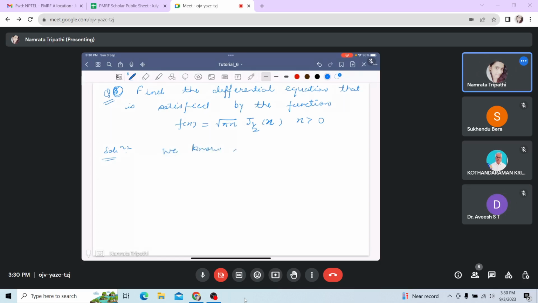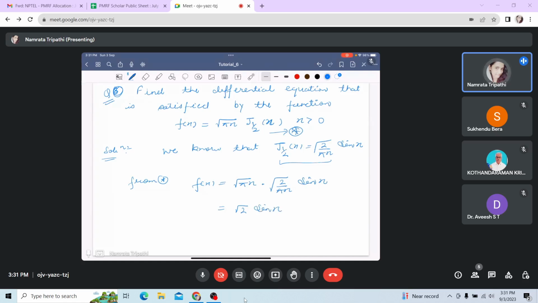We know that the value of Z1 by 2 of x is under root 2 by pi x sin x. After substituting this value in this f of x, say this is equation star, you will get under root 2 sin x. This will cancel out. Now you have to find the differential equation.